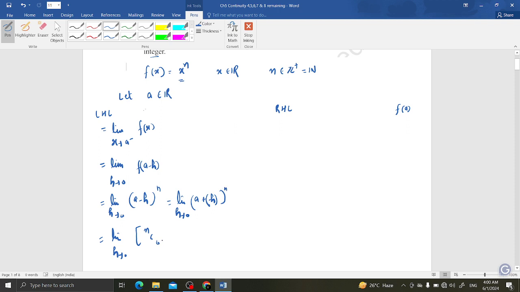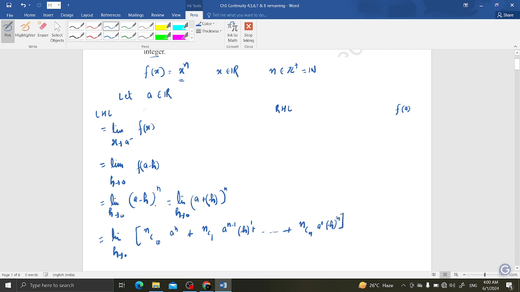NC0 a raised to the power n and minus h raised to the power 0, that is finished. After that we have NC1 a raised to the power n minus 1 and minus h raised to the power 1, and so on, up to NCN a raised to the power 0 and minus h raised to the power n.